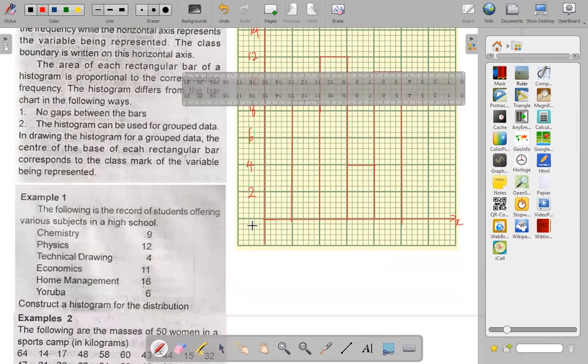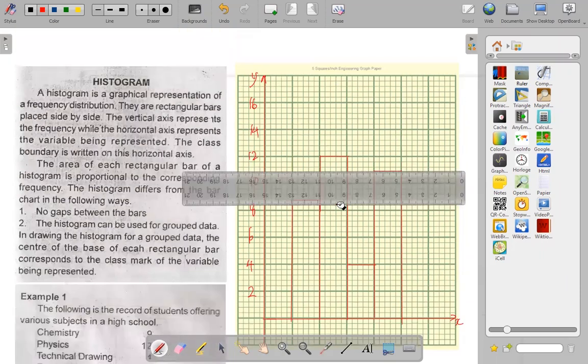Then we have the next one, 16, home management.